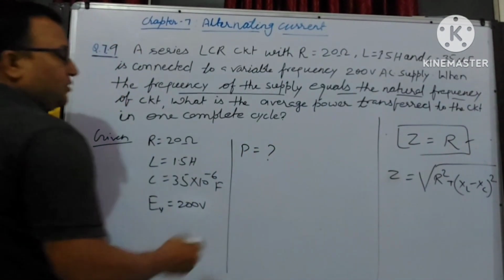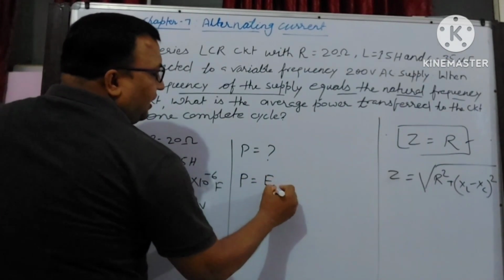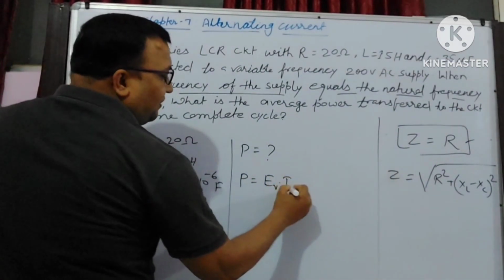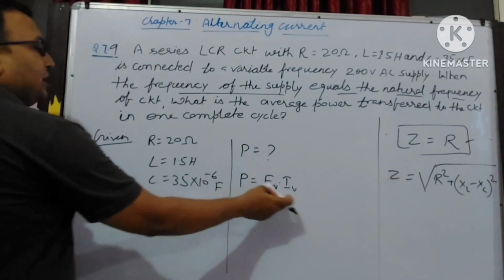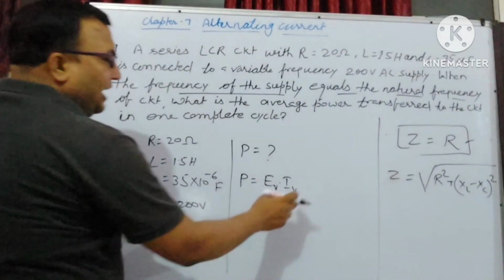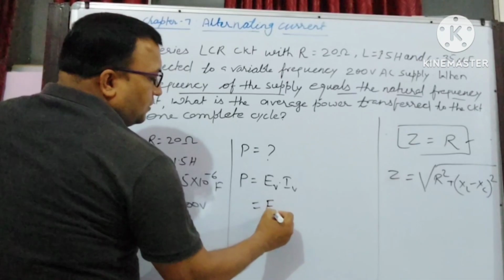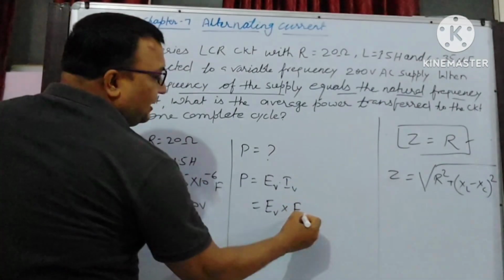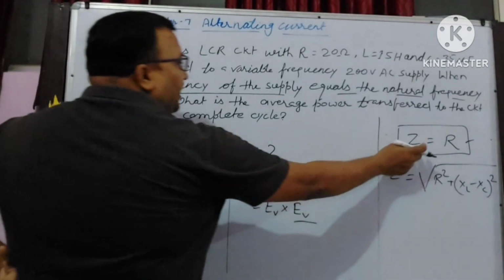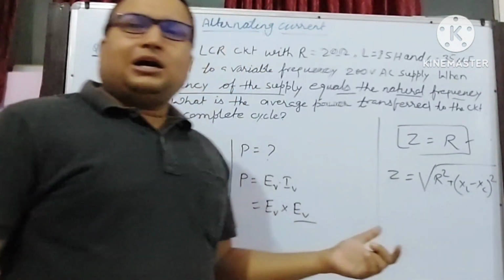Now the question asks P equal to what? Average power supply equal to what? A very simple formula: P equal to EV into IV. We need EV into IV because it is talking about a complete cycle. EV value is already there. So for IV, we have to write EV by impedance Z. In the series connection, what is the final reactance?